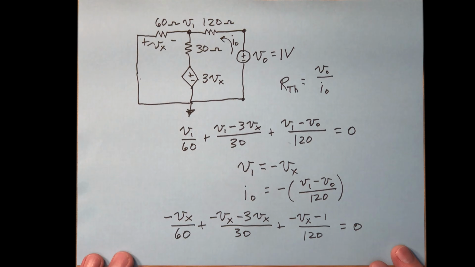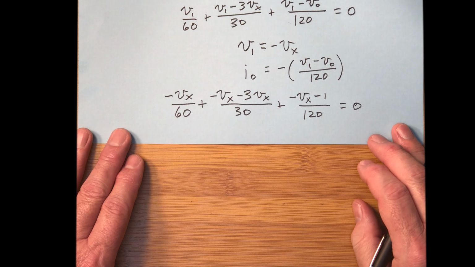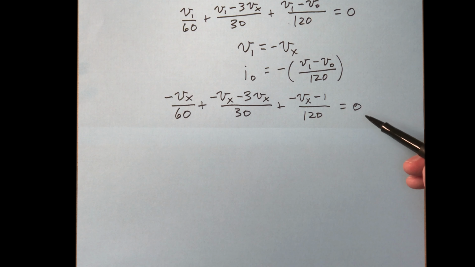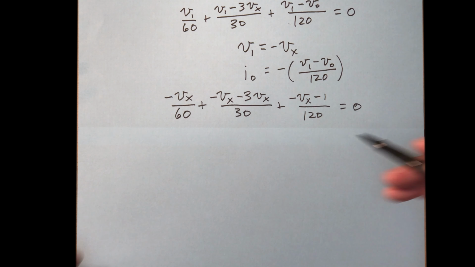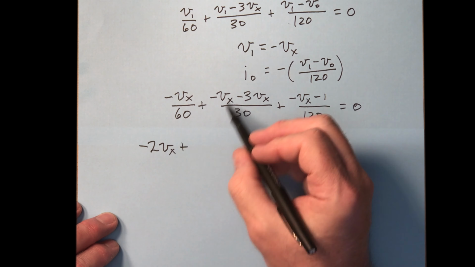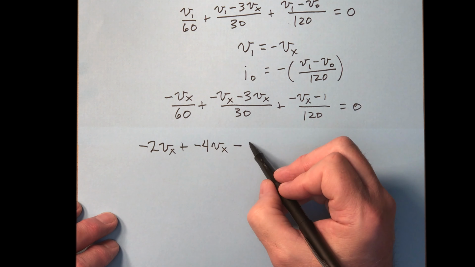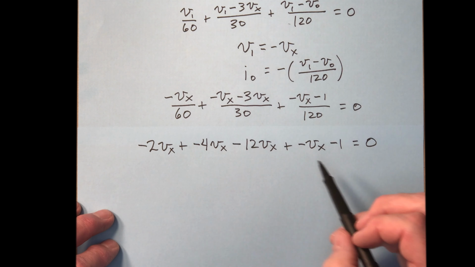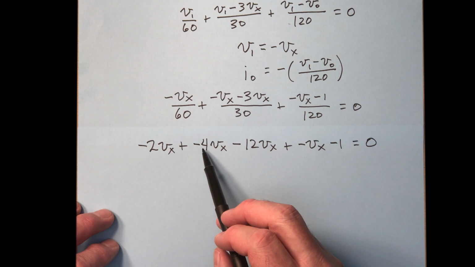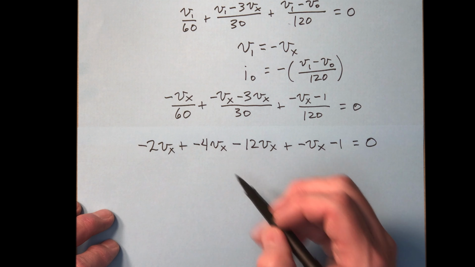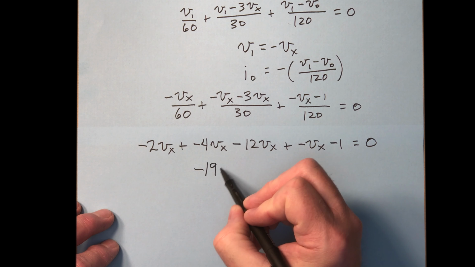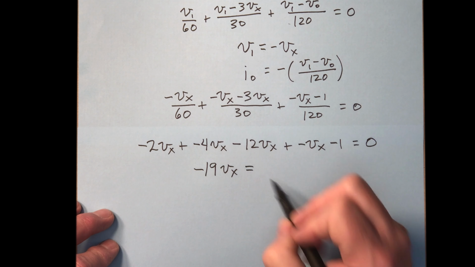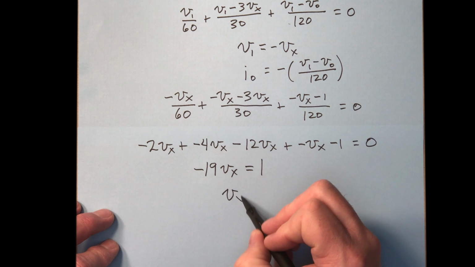Okay, let's find our common denominator and group our similar terms now. The common denominator is going to be 120. All right, so we've got negative 19 v sub x is equal to 1.